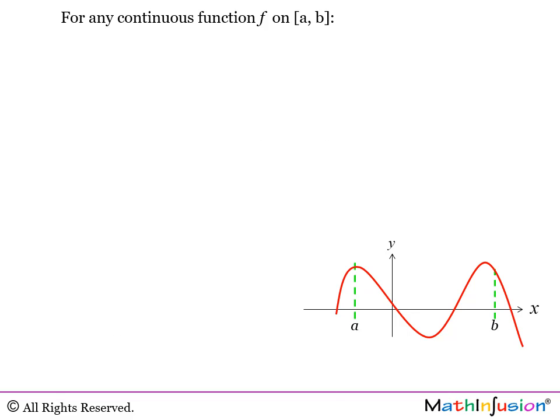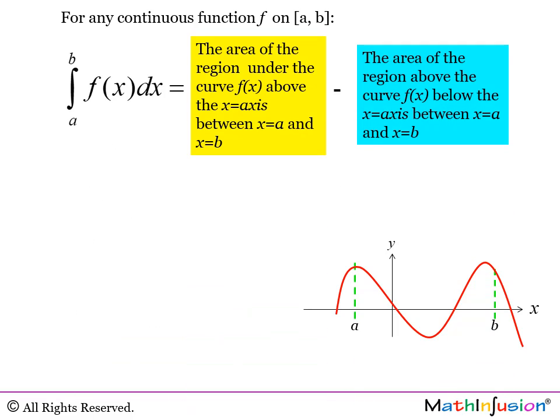In general, for any continuous function f on [a,b], the definite integral between a and b is always the area of the region under the curve above the x-axis between a and b, minus the area of the region above the curve below the x-axis between x equals a and x equals b.